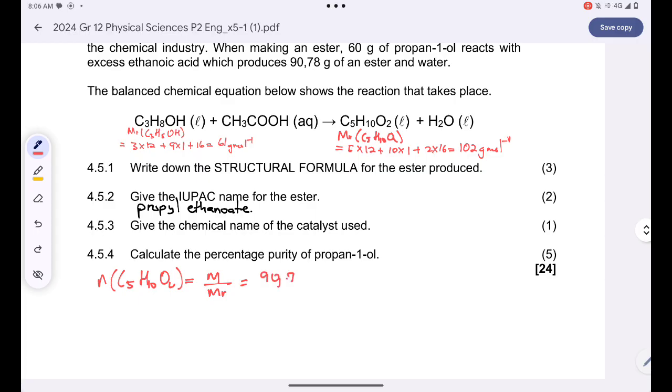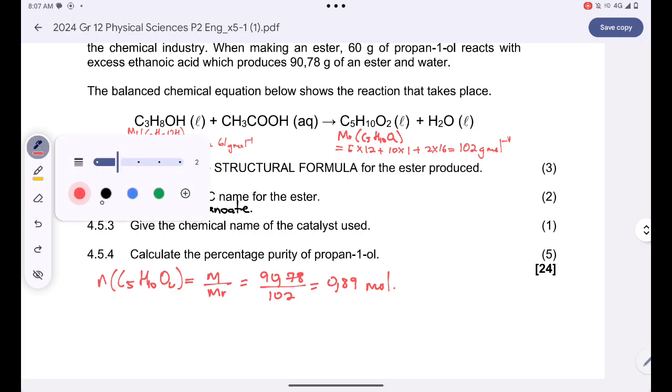That's 90.78 divided by 102 grams per mole. So 90.78 divided by 102. So this will simply give me 0.89 moles. Are you together, guys? It's just 0.89 moles.